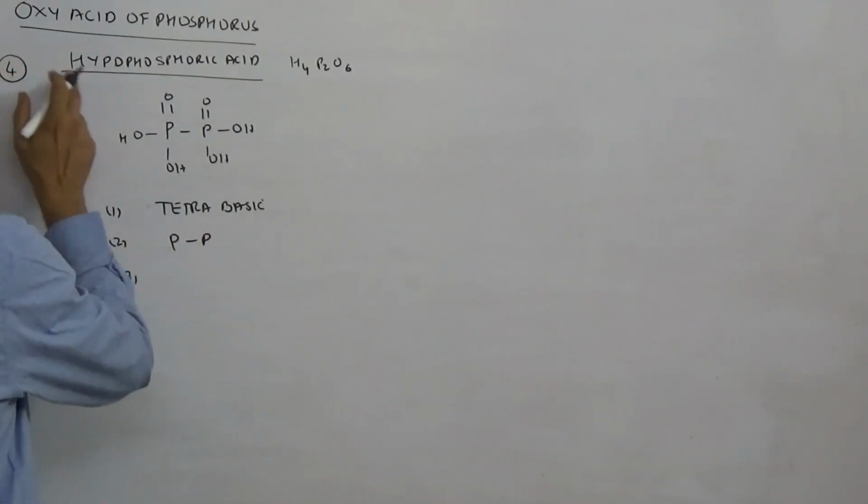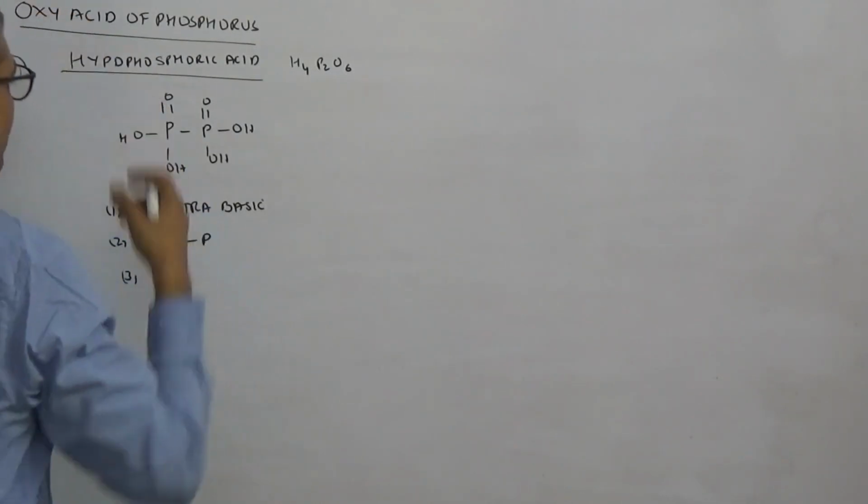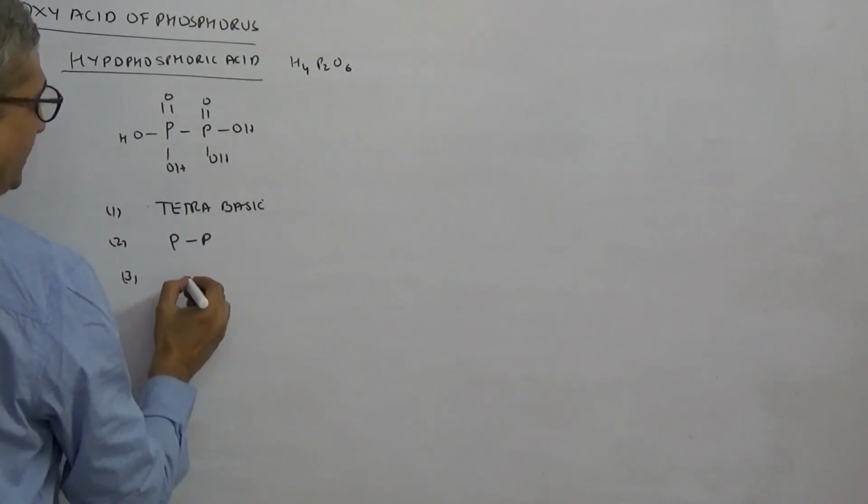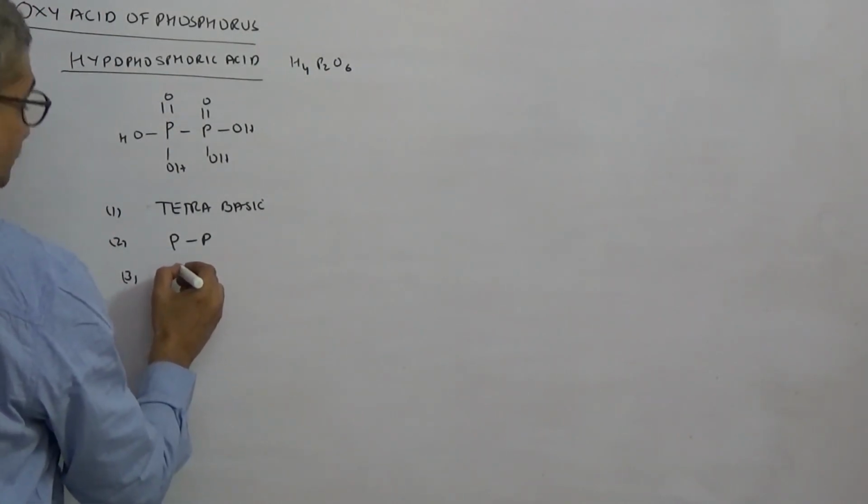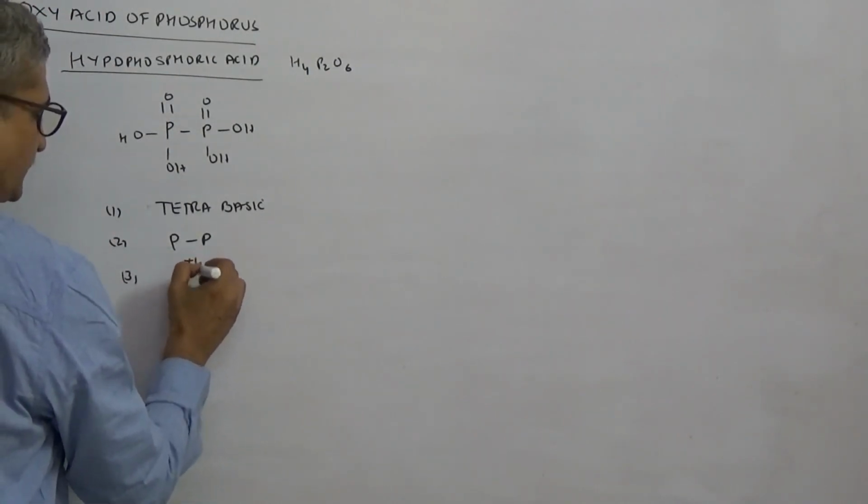Second, it has a PP linkage. So that's why the word hypo. Pyro is POP, hypo will be PP. Then the oxidation state is +4.